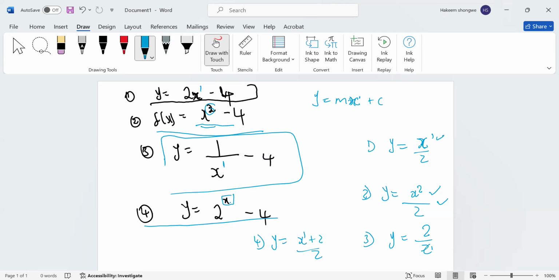All of a sudden we have this one whereby x is the index, and it's still to the power of 1. So what kind of a function is this one? We call it an exponential function, because the variable is on the exponent. Let's take the following as an activity then. Let's check it.